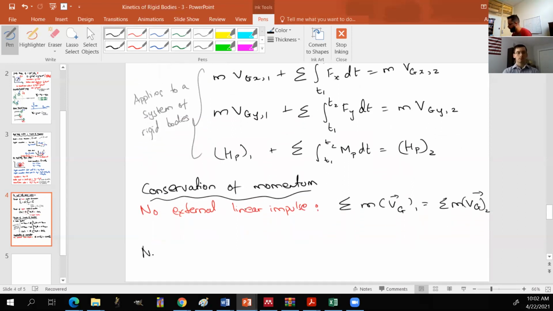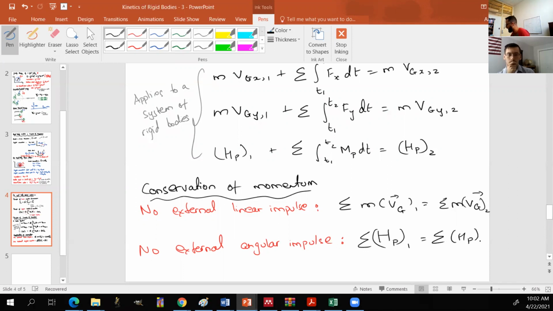And if there's no external angular impulse, and this is the cool expression, that means that your angular momentum in position 1 is equal to your angular momentum in position 2. Whatever your rotation is, I_O omega remains constant.